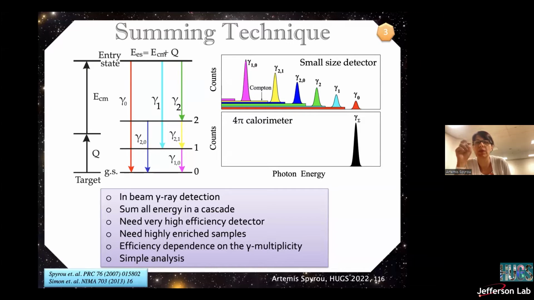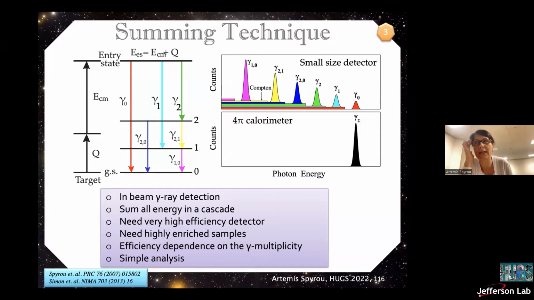During the beam off period, you check what your background is, and you can subtract that later. Or you can event by event identify, okay, this is the beam on period, I only measure that and reject everything else. So yeah, there are some techniques that you can do.